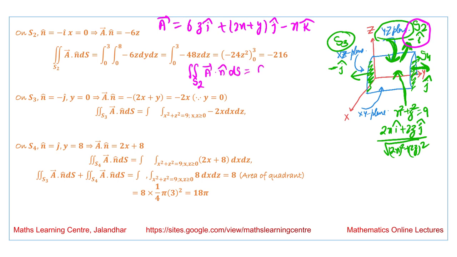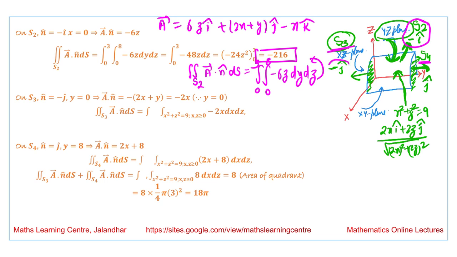The answer we obtain is the double integral of minus 6z. Now the projection we take is in the yz plane, and the limits for y and z vary from 0 to 8 and 0 to 3. On solving this, the answer we obtain is minus 216.